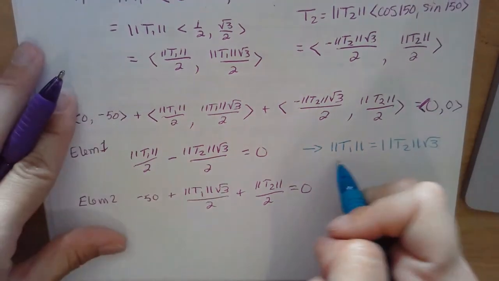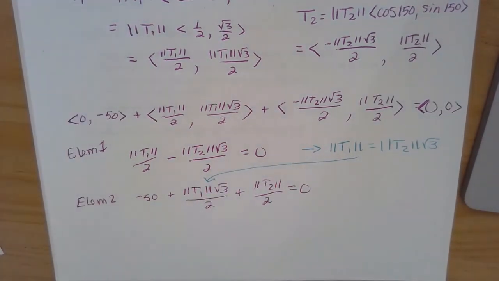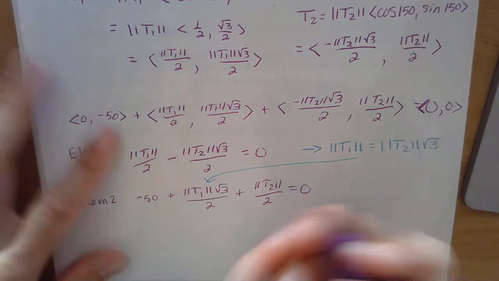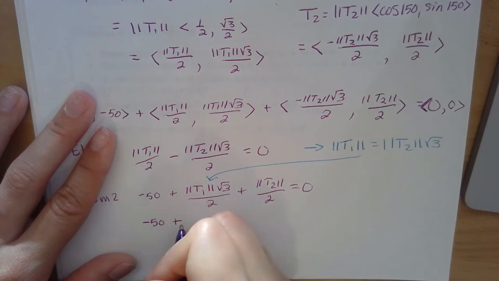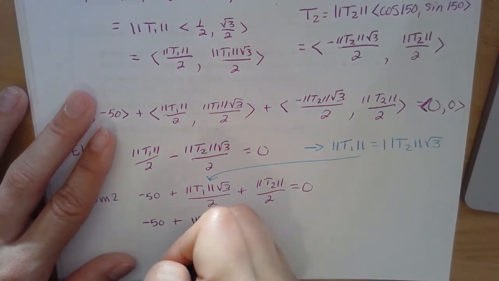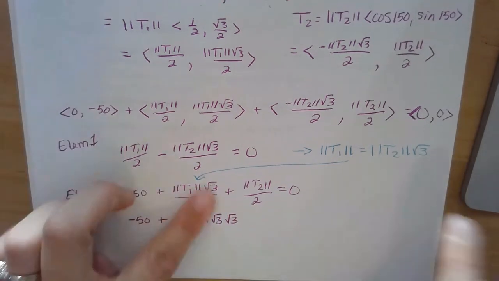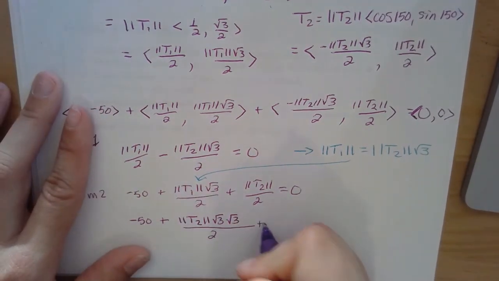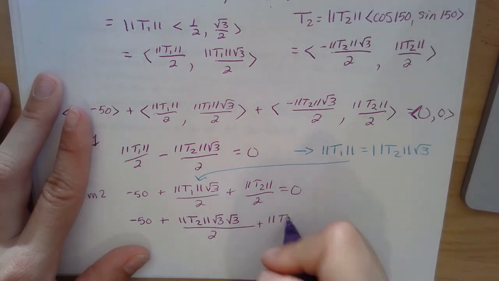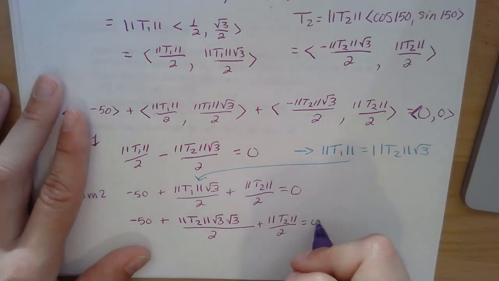Now what we are going to do with that is substitute that in for tension 1. So I get negative 50 plus magnitude tension 2 square root of 3 square root of 3, right, because both of them are right there, all over 2 plus magnitude tension 2 all over 2 equals 0.